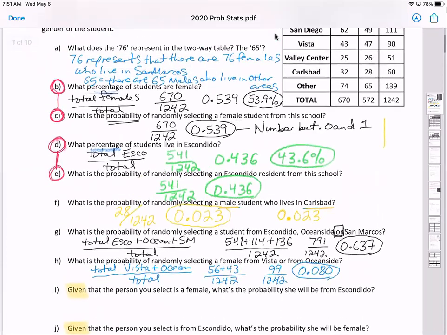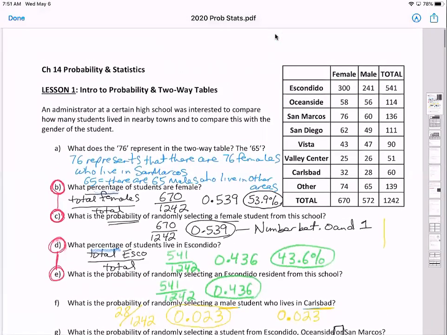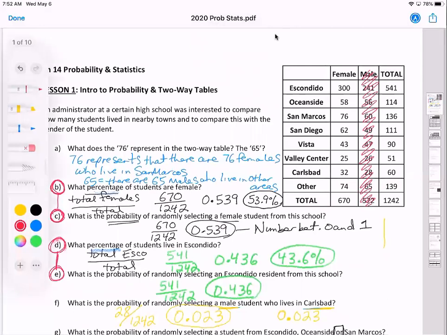So given that you select a female, basically you're ignoring all the males. Maybe a good thing to do. No dating, remember girls, no dating, ignore the males. And we don't need any of these total numbers. We're only looking at the females, given you select a female.